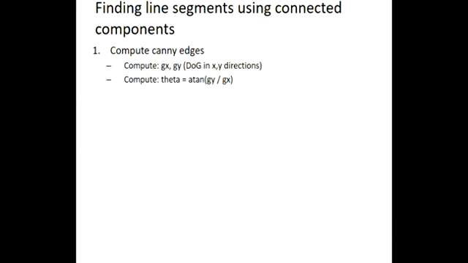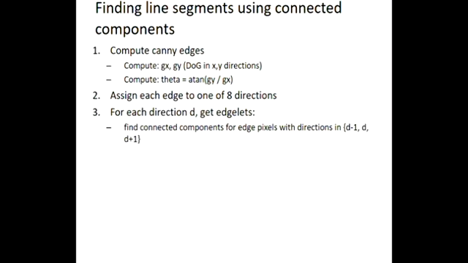So first we run Canny, and then we get the strength of the edges and their orientations. Then assign the edges to 1 of 8 directions, so 1 of 8 orientations. And then find connected components of edge pixels that are in a particular orientation or one of the neighboring orientations. So I find a connected component for all the edges that have some small range of orientations.